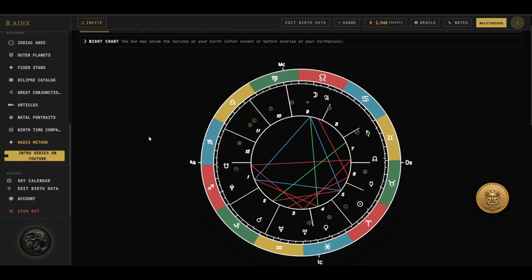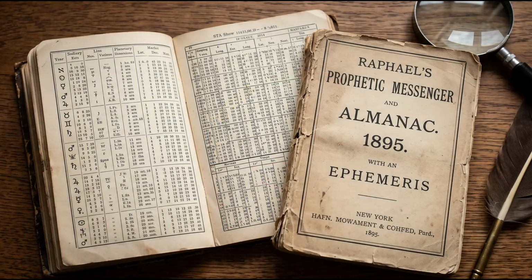Here's the honest history of how house systems got adopted and why it matters. Placidus became dominant in the 19th and 20th centuries because it was in Raphael's Ephemeris, the reference that sat on every astrologer's shelf, not because practitioners compared it against alternatives and found it superior.